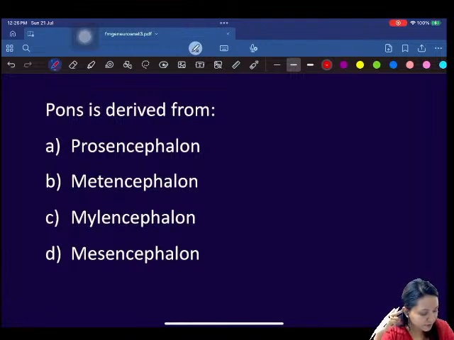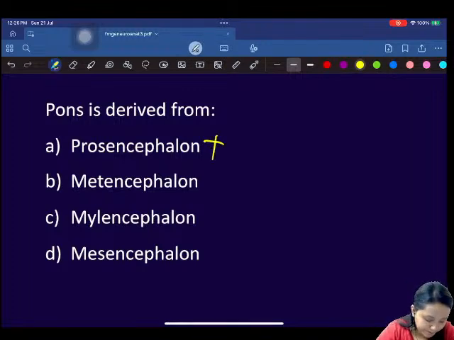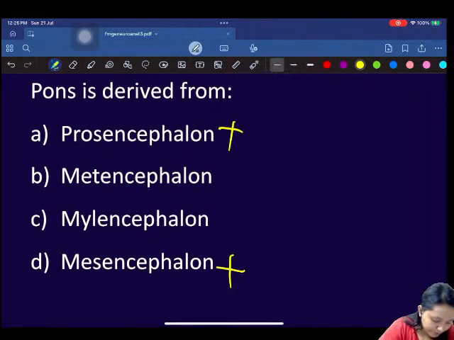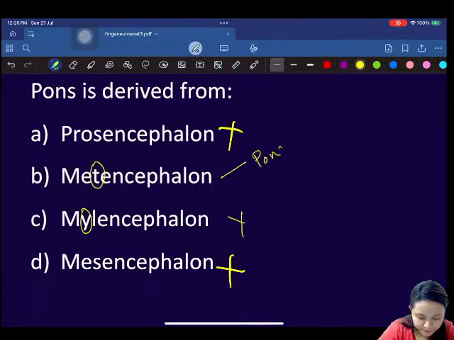Very easy, just now we have discussed. It is not prosencephalon, not mesencephalon. Now you're confused between the metencephalon and myelencephalon. Just now I have told you, wherever you have Y, that is the last part. And T, this is the pons and cerebellum, and this is your medulla.